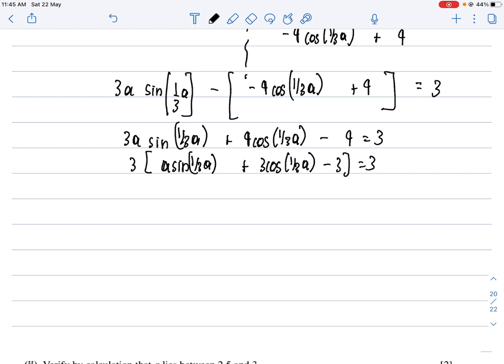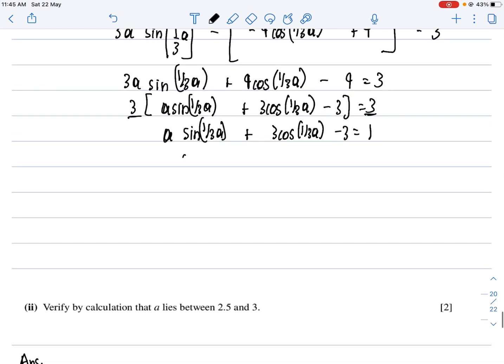Now I can write this as a sine 1 over 3a plus 3 cos 1 over 3a minus 3 equals 1, because 3 and 3 get divided.